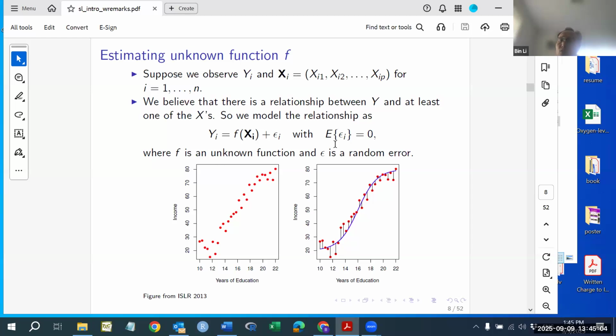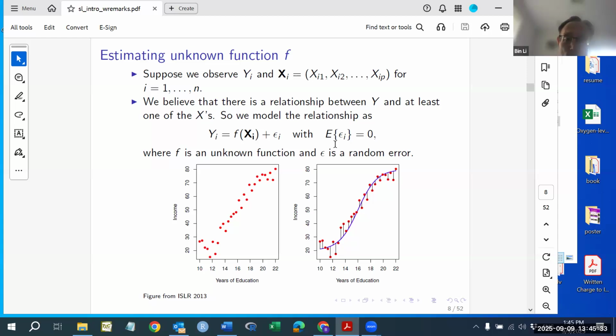Is that clear? So if we have some change in our data structure, data size, and data properties, maybe we should use new methods. That also agrees with the no free lunch theorem. We cannot just use one method for all types of data. That won't work. Some of them will perform poorly.